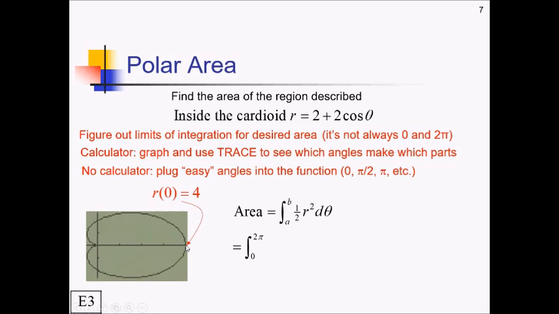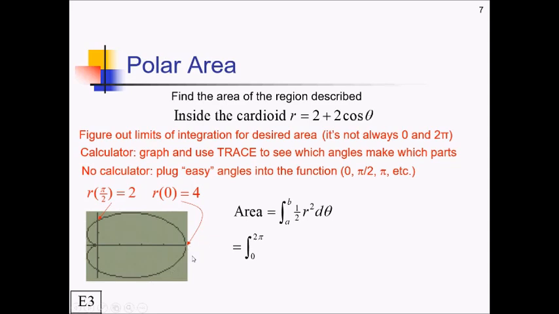Another easy angle would be pi over 2, 90 degrees. You plug that in, 2 plus 2 cosine of 90 would just be 2 plus 0, or 2. That's saying if I go on the 90-degree line, I'm going 2 away from the origin, which would bring me right here. So you could keep plugging in these types of easy angles, and that again would take you all the way around.